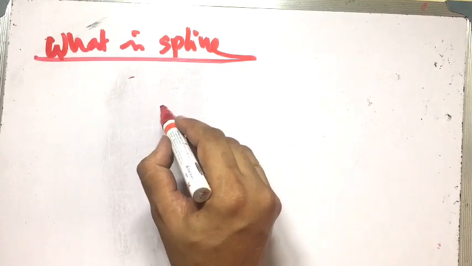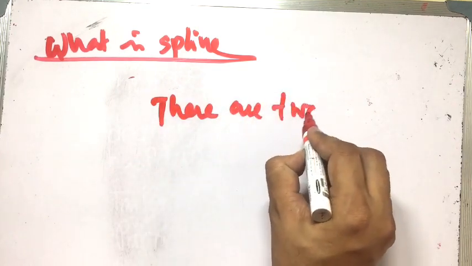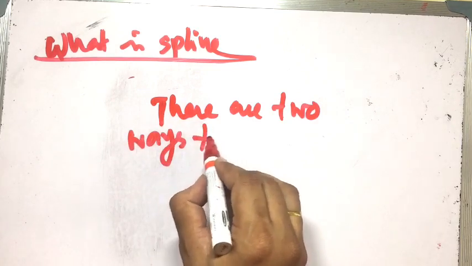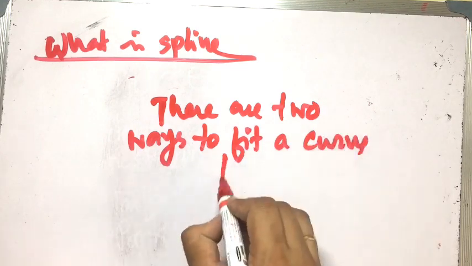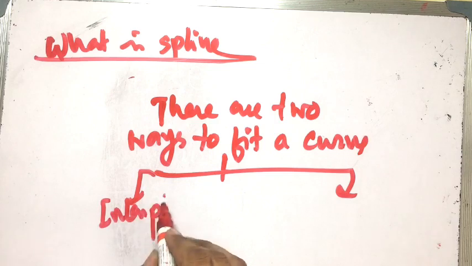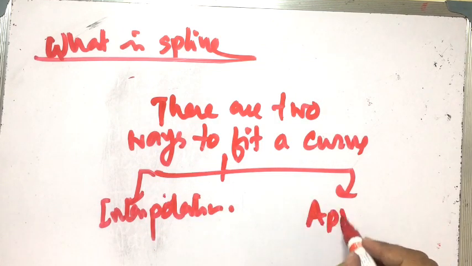There are two ways to fit a curve. Number one is the interpolation technique. Another is approximation.